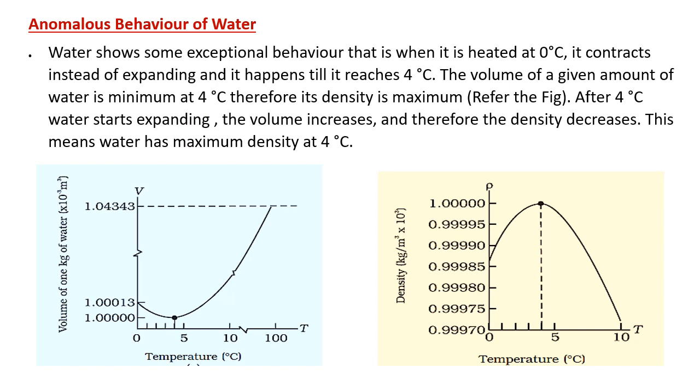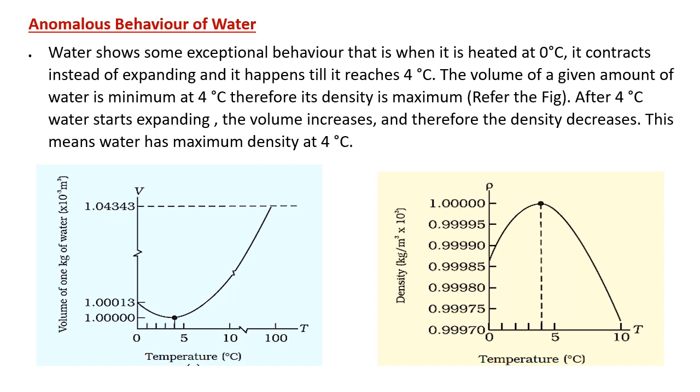Anomalous behavior of water. Water shows some exceptional behavior. When it is heated from 0 degrees Celsius, it contracts instead of expanding, and this happens till it reaches 4 degrees Celsius.